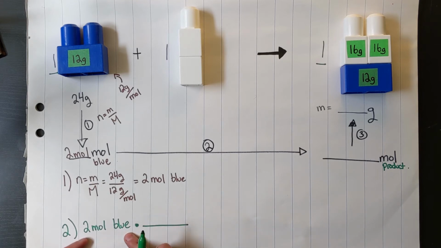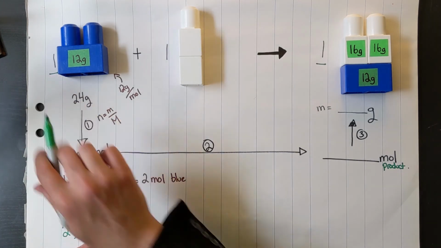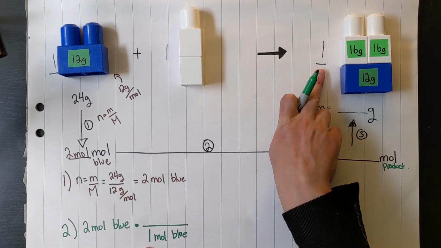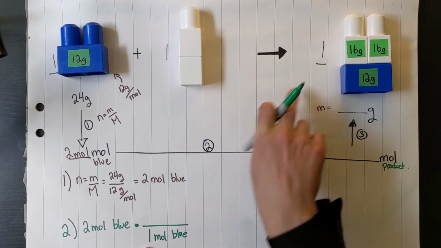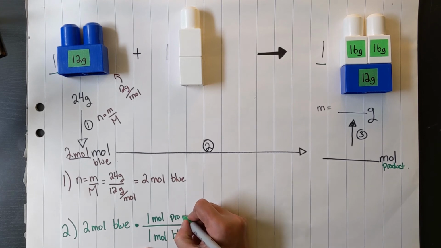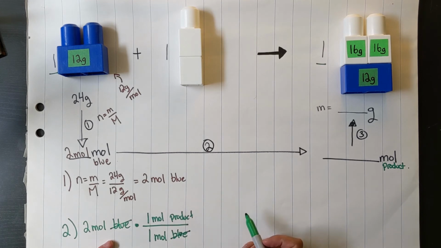So if I have 2 moles of my blue reactant, that means I need to look at the mole ratio. There's going to be 1 mole of blue reactant that reacts away every time 1 mole of product is formed. And then I've got blue divided by blue, so those will cancel.